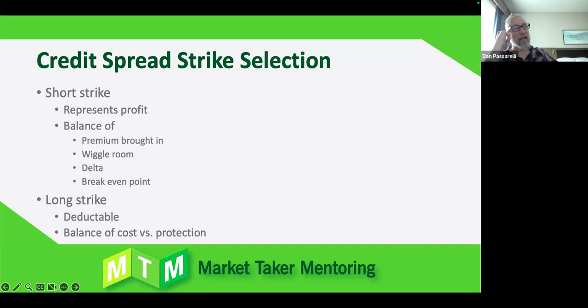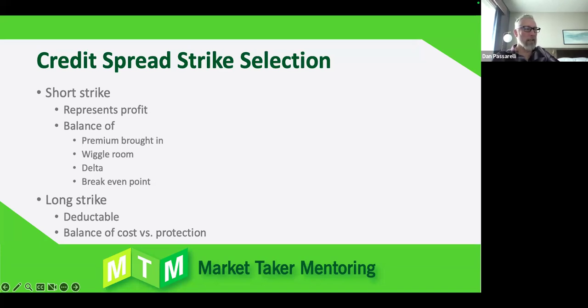I can look at the delta of the short option as the likelihood of expiring in the money. So basically 100 minus my delta gives me my rough guess at my probability of winning. So the short strike is where I'm going to make or lose my money. The long strike is kind of like my deductible.